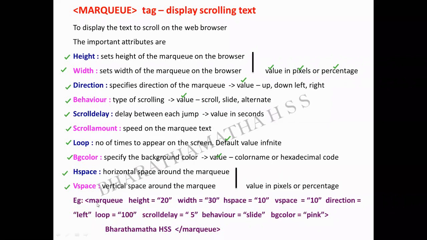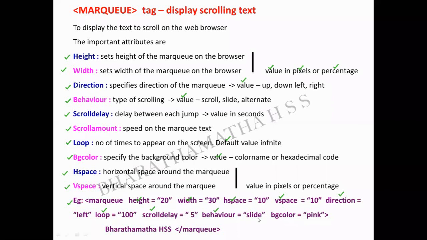I have written one example, and I have included almost all the attributes over here. Can you see height, then width, head space I have written, V space, direction I have written, then loop, scroll delay, behavior I have given.